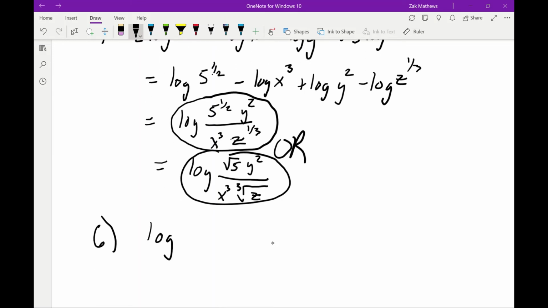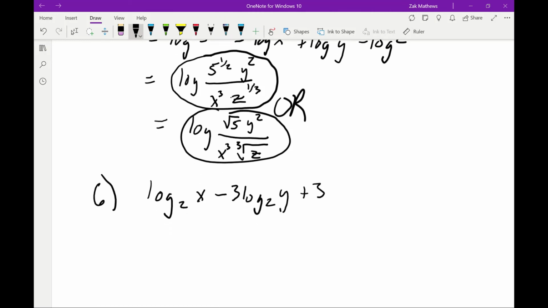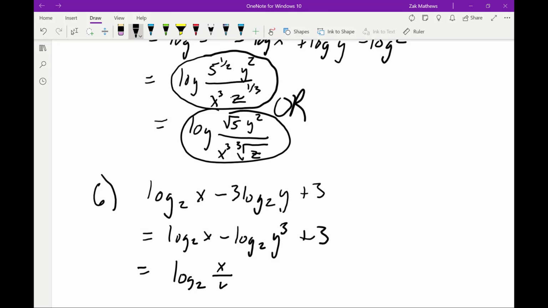Let's condense one more. Let's take log base 2 of x minus 3 log base 2 of y plus 3. Right, so we go to condense this and we say, all right, the 3 is definitely an exponent on the y. And I can condense the first two, it'd be log base 2 of x divided by y cubed.